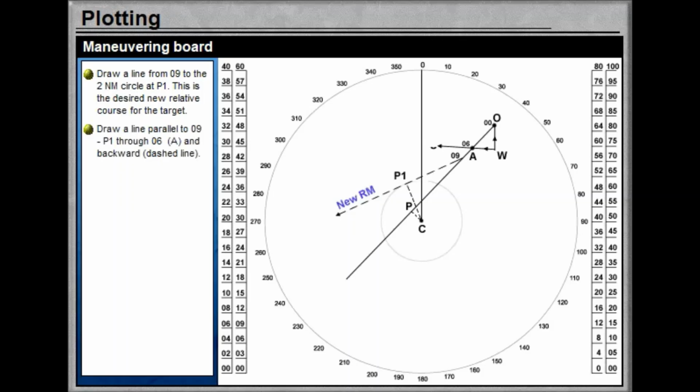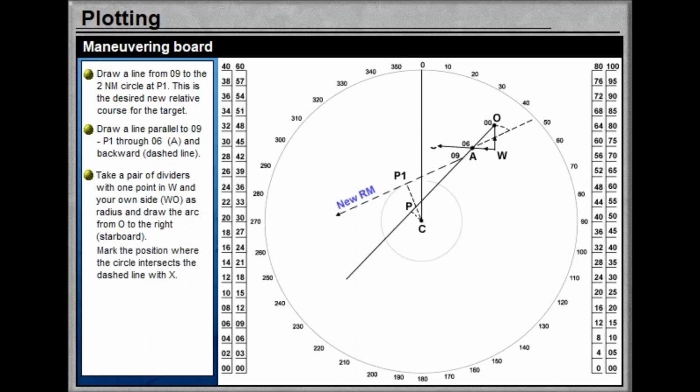Draw a line parallel to 09 minutes, P1, through 06 minutes, A, and backwards. Take a pair of dividers with one point in W and your own side, WO, as radius, and draw the arc from O to the right.